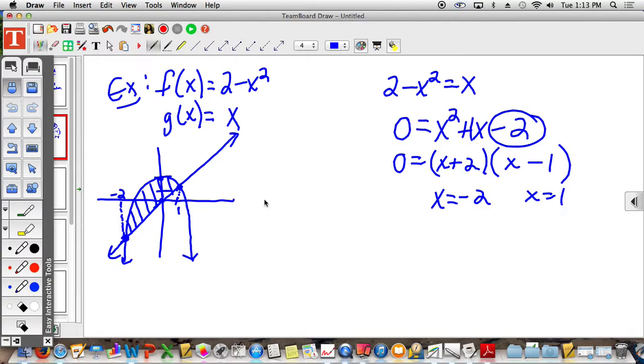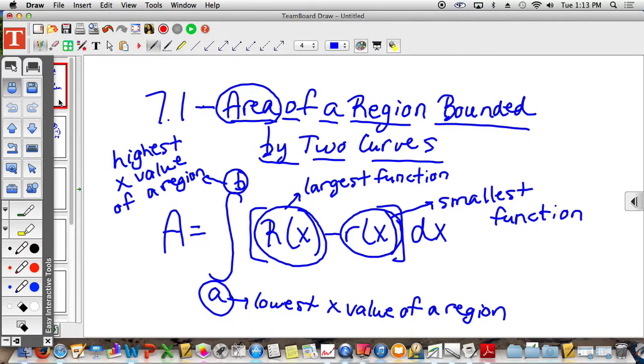So now what we need to do is this. We know we're finding the integral to calculate the area. A is equal to the integral of, what's the a value at the bottom? -2. What's the b value at the top? 1. Now we have to figure out what. I'm going to go back to this really quickly. R of x is the largest function, and all that means is the highest function. Capital R of x is the highest function from -2 to 1.